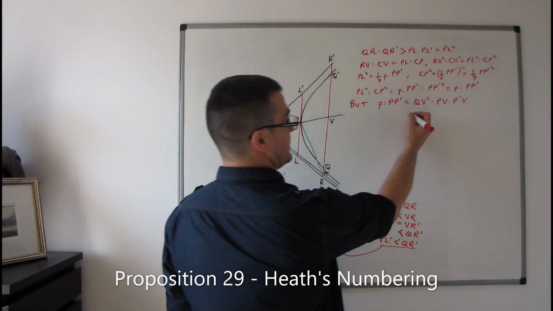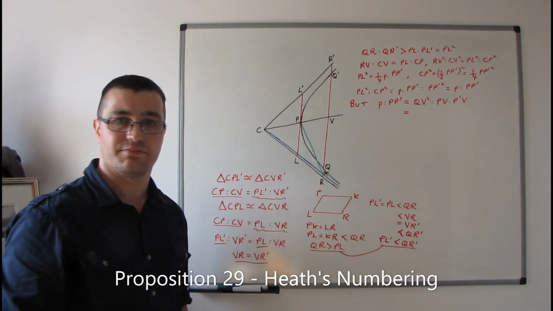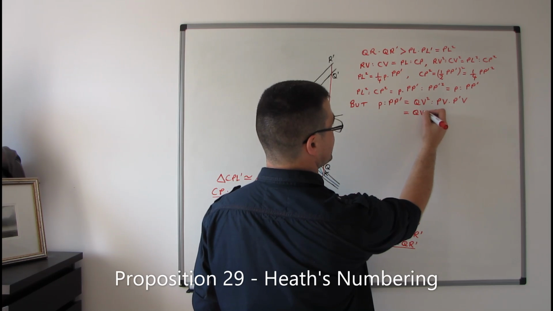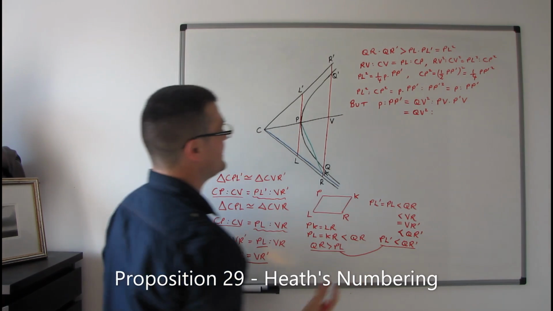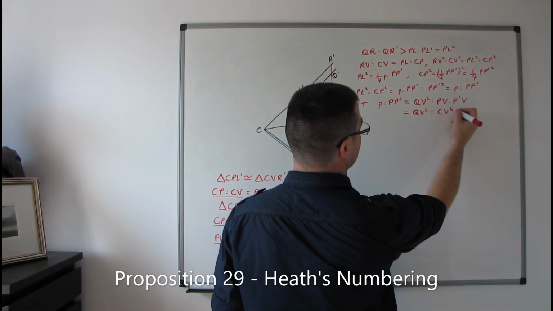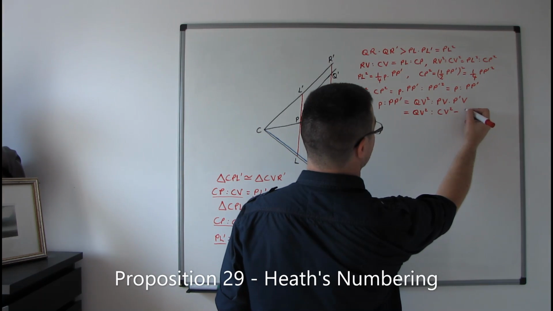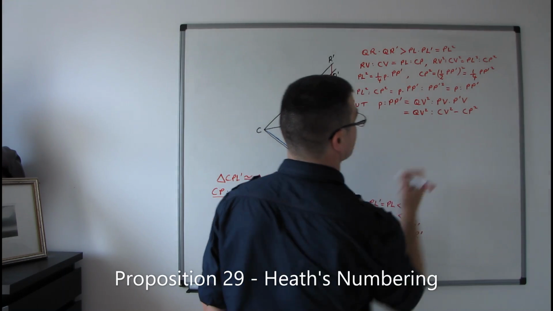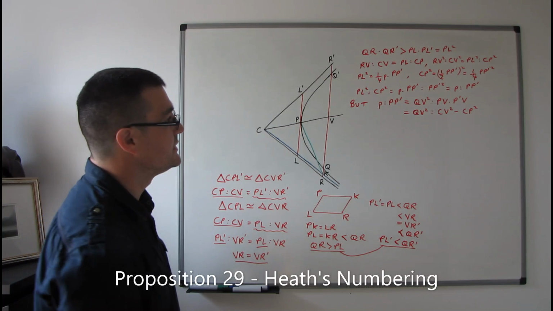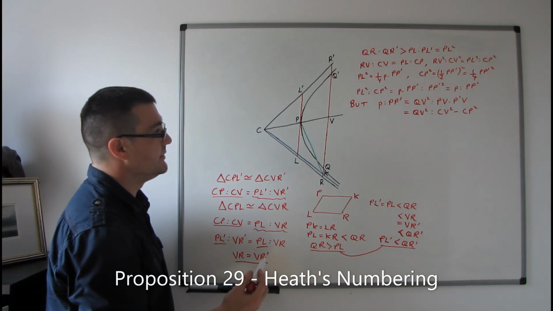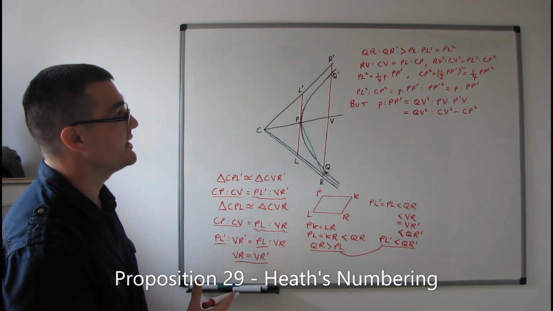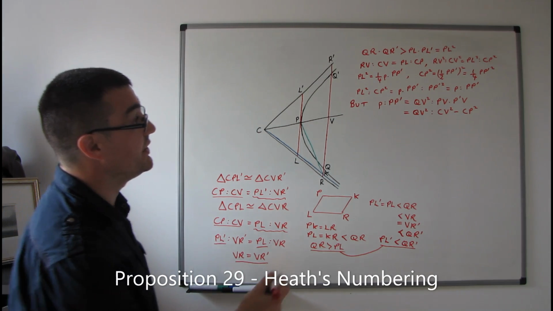Okay, but as I showed in proposition 28, from this we'll get QV squared to PV times P primed V is going to amount to CV squared minus CP squared. Okay, so now we need to have a look at similarity again. Is it? No, it's not.